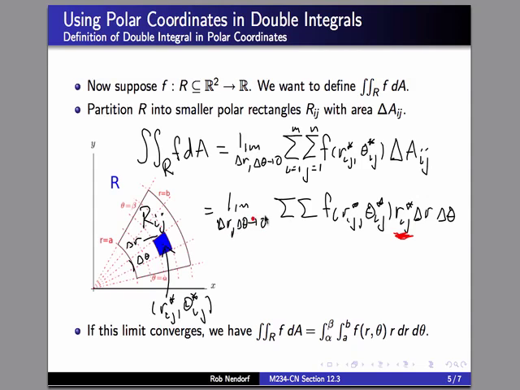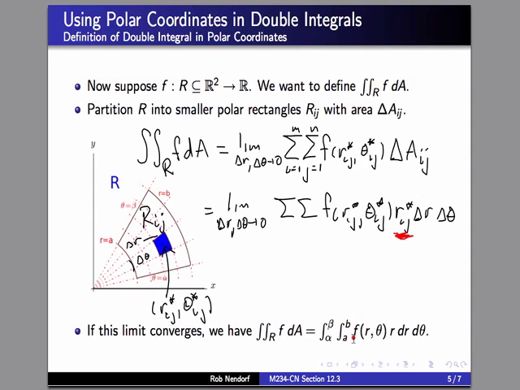And so if this limit converges, then we can recognize this, even though it's written in terms of r and theta, as exactly the formula for the iterated integral dr d theta. And so our bounds are from a to b, which of course came from r itself, and our theta bounds are from alpha to beta.